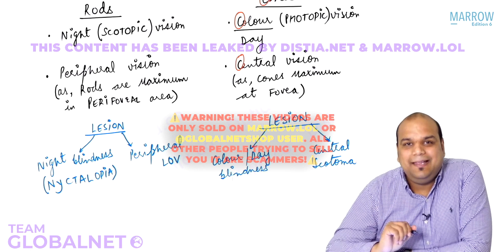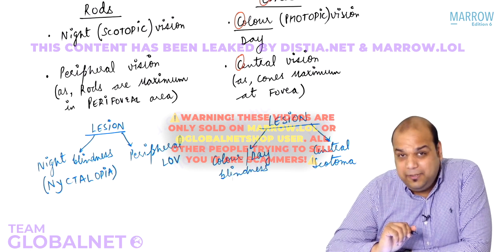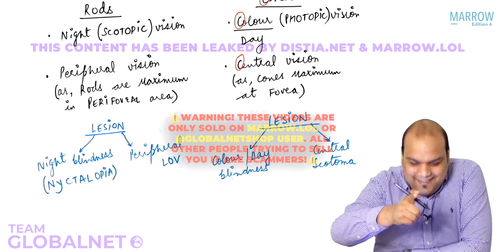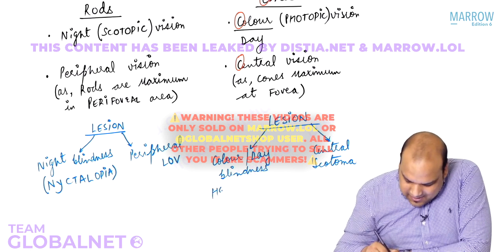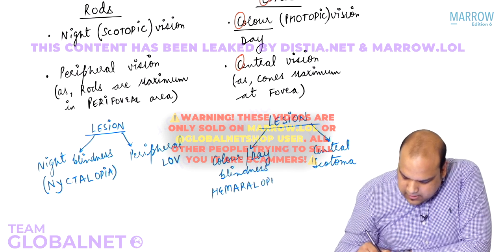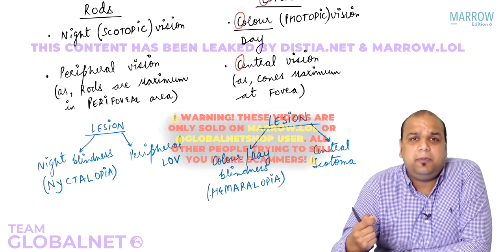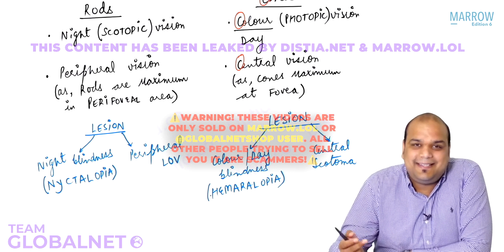Okay. Now, what is day blindness known as? Anybody? Night blindness is known as nyctalopia. Day blindness is known as hemaralopia. This terminology we may not have come across, but just a fact, everybody, you just need to remember the name. Night blindness, day blindness. That's all, guys.